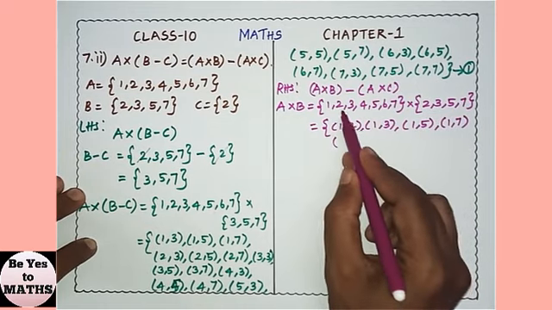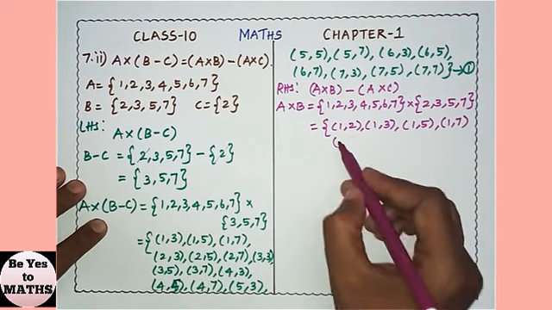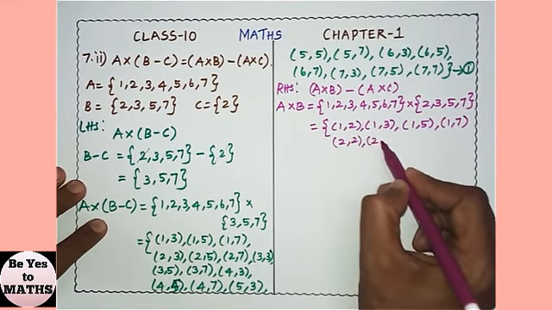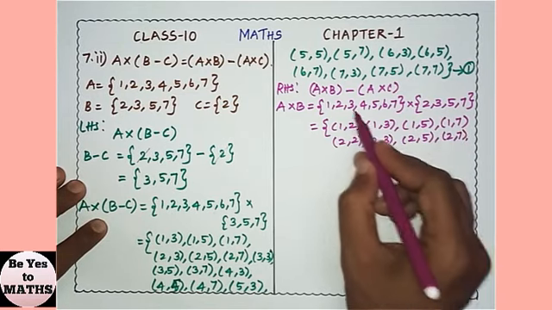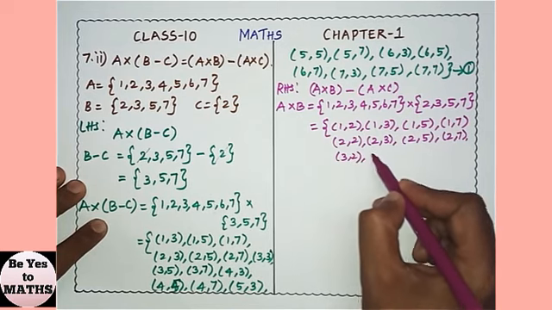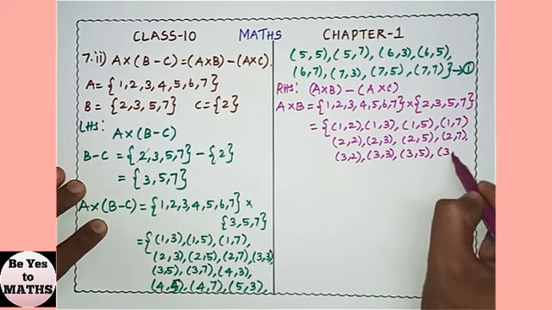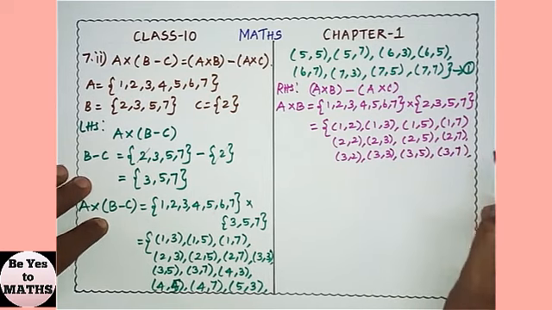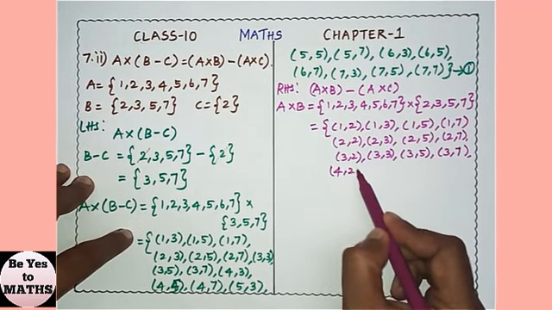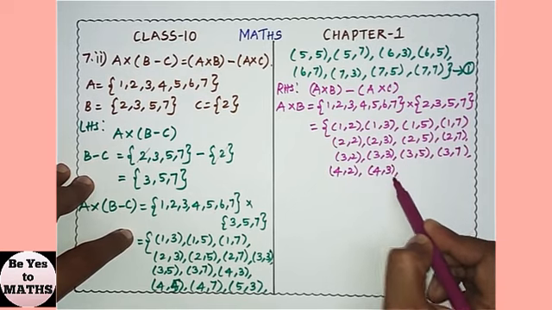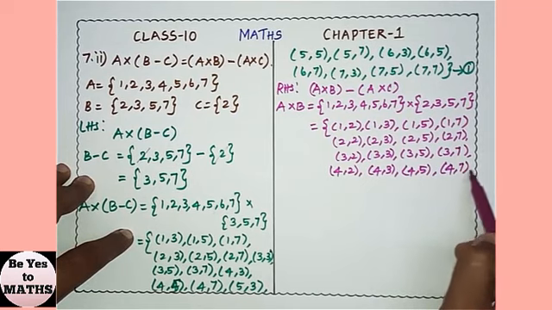Now take element 2 from the first set and pair with the other set elements. So 2 comma 2, 2 comma 3, 2 comma 5, 2 comma 7. Now 3 comma 2, 3 comma 3, 3 comma 5, 3 comma 7. Then 4 comma 2, 4 comma 3, 4 comma 5, 4 comma 7.